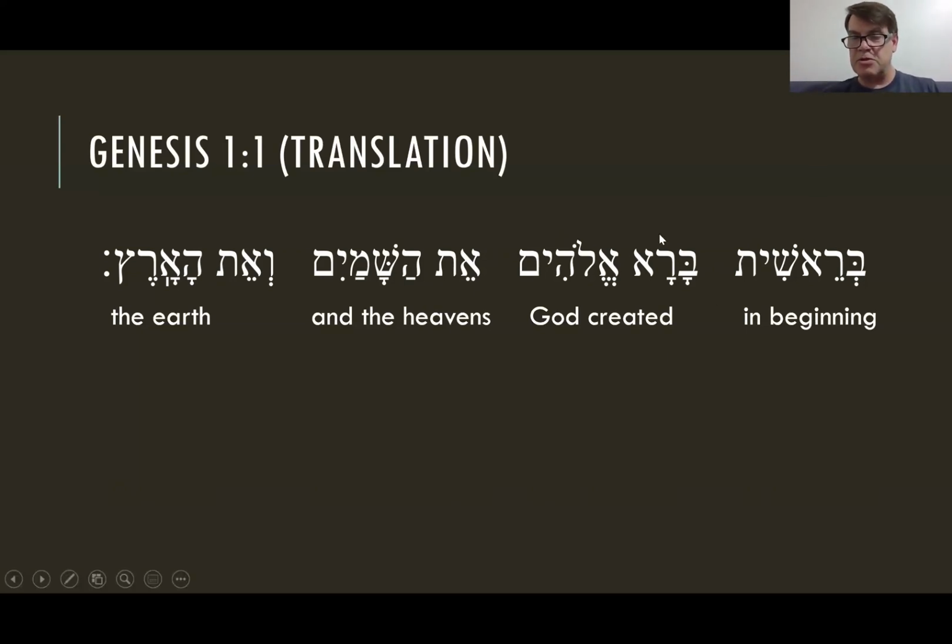So if the verb is create, and you say, create what? Create the heavens and the earth, okay? And et basically says the word that follows is the direct object, and it has a the in front of it. The actually comes from the ha on the front.